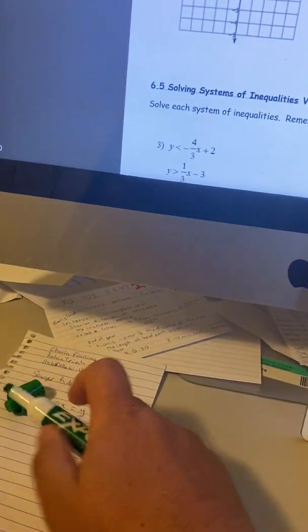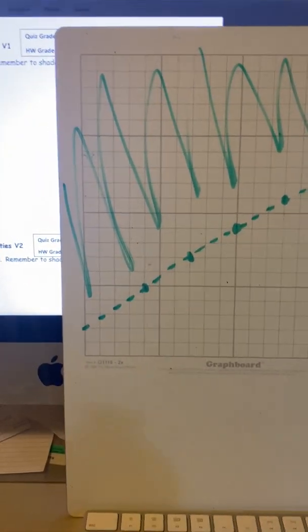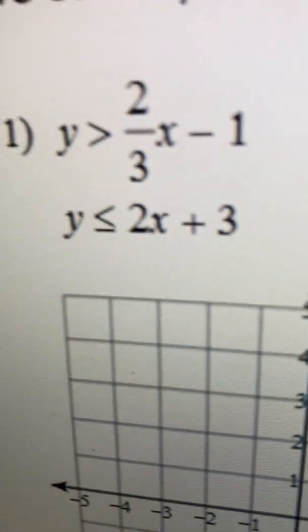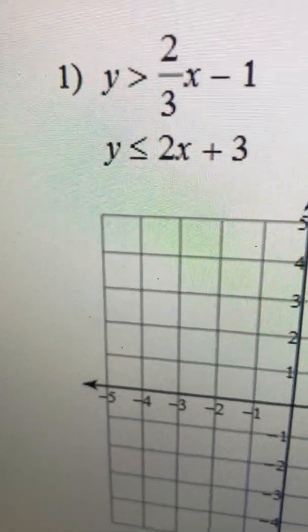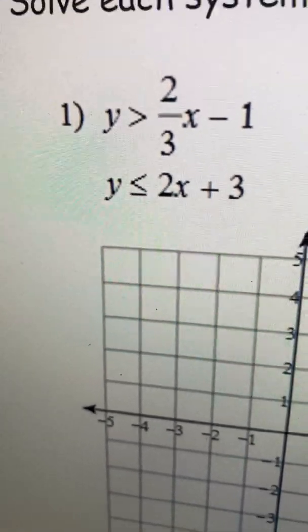Now, this is where having different colored markers is going to be beneficial for you, because it'll be nicer to show. Like I said before, we're looking for where the two graphs' shading areas overlap each other. Let's look at the next graph. y is less than or equal to, so I know right now it's a solid line, less than or equal to 2x plus 3.